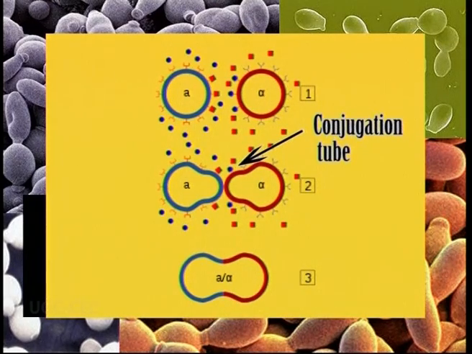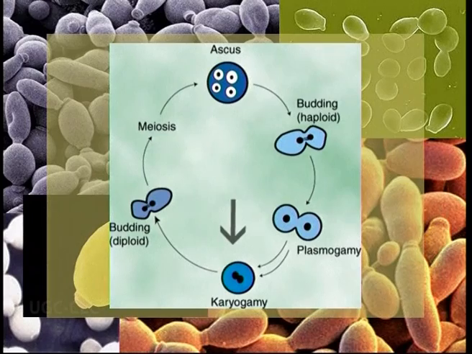Plasmogamy results in the formation of a temporary dikaryotic protoplast, wherein the karyogamy immediately results in the formation of a diploid zygote. If the conditions are favorable, the zygote behaves as a large strain somatic cell and reproduces by budding.